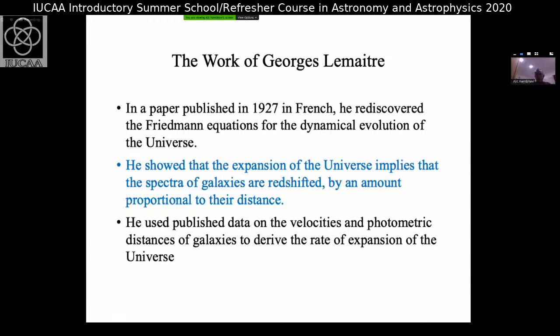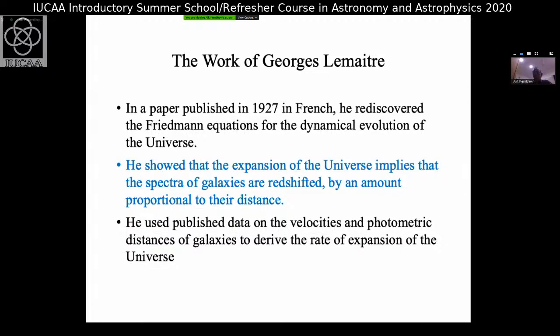Then Lemaitre did one amazing thing. He said, look, I have a diagram which shows that velocity is proportional to d. Now Hubble has the same diagram, and Hubble's is better than mine. His data is better than mine, more numerous than mine, and therefore I will not include that part in my paper. So the most important result, which he had discovered independently before Hubble, is left out.